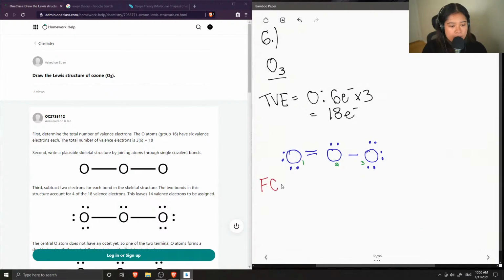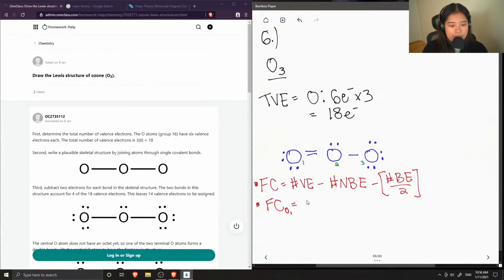So the formal charge equation is the number of valence electrons minus the number of non-bonding electrons minus the number of bonding electrons divided by 2. Okay, so first let's calculate the formal charge of oxygen 1, which is the leftmost oxygen.